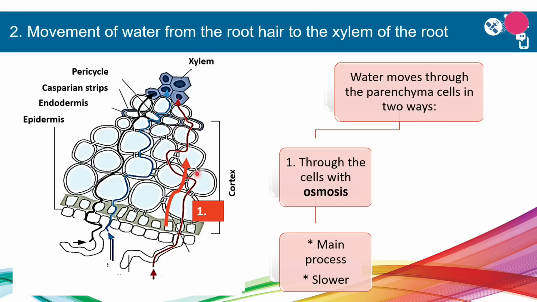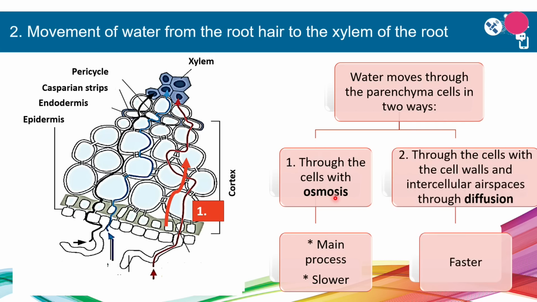So there are many membranes that it needs to pass, and that is one way in which the water squishes through from cell to cell. The quicker way happens in this black pathway over there, where it just moves along the cell walls.